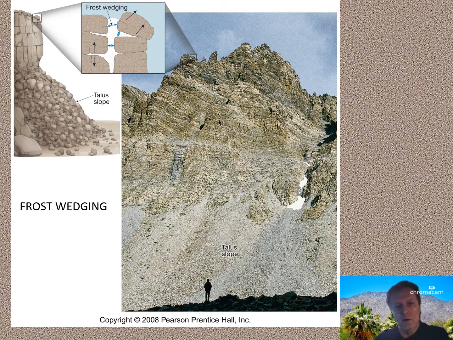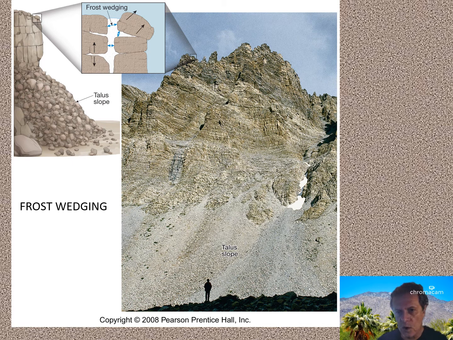Another process of physical weathering is called frost wedging. This occurs only in cold climates or high elevations where, as you can see, you have a fractured rock mass. Water gets into this fractured rock mass through rainfall. In the cold temperatures of high elevations or cold regions, the water, of course, turns to ice.